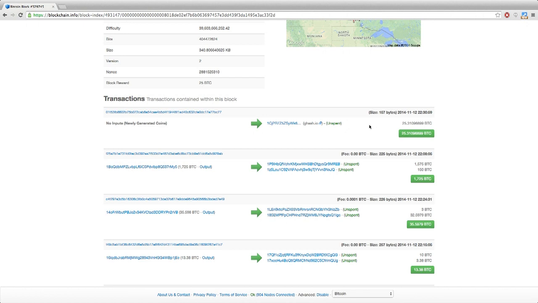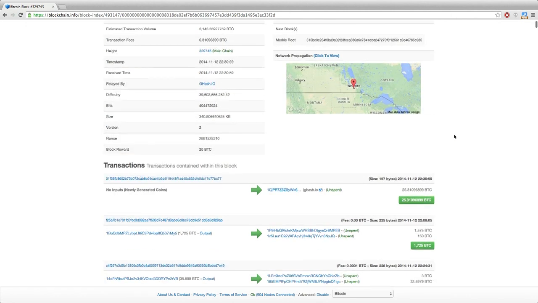Right now it's 25 Bitcoin given as a reward to the Bitcoin miner who discovered that block. But you can see here, this Bitcoin miner actually got 25.31 Bitcoin. So what's this 0.31 Bitcoin? Well, those are actually the miner fees.